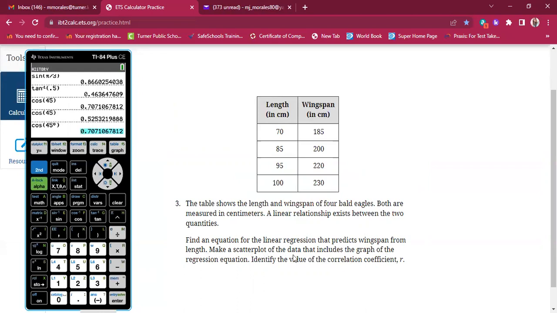Make a scatter plot of the data that includes the graph of the regression equation. Identify the value of the correlation coefficient R. So how am I going to answer these questions? First, find the equation of the linear regression. The next question is to make a scatter plot of the data. And lastly, identify the value of the correlation. So this is what we're going to do.